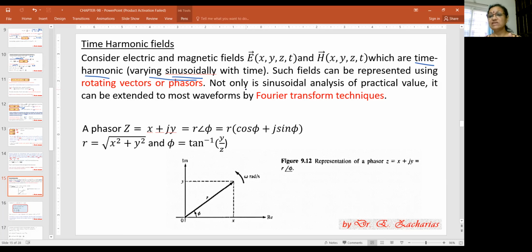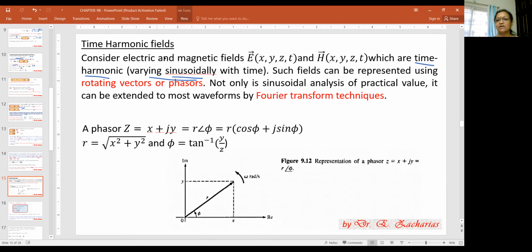All waves need not be sinusoidal, but for any wave you can use Fourier transform techniques, and any signal can be broken up into a number of sinusoidal waves which, when superimposed, will give you the original signal. So that's the significance of the sinusoidal representations.